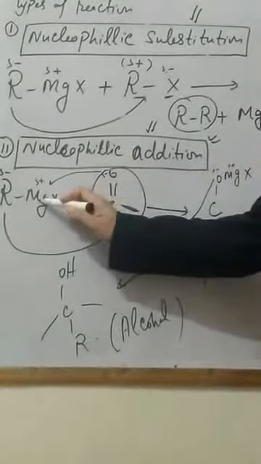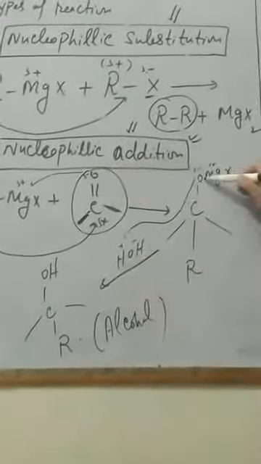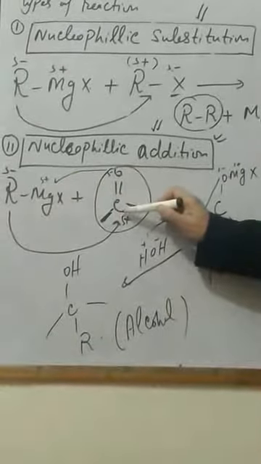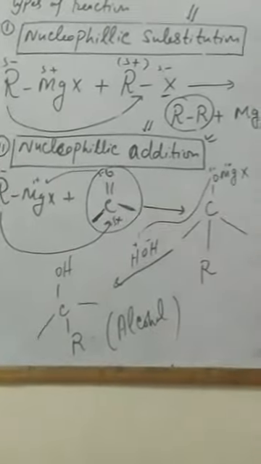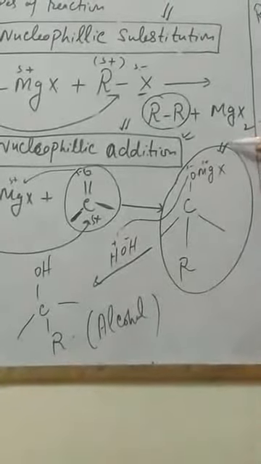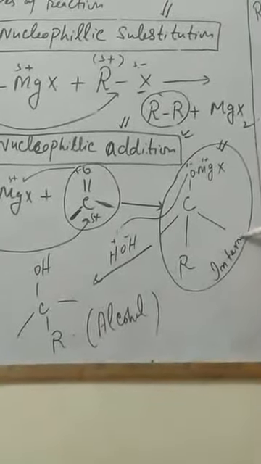This MgX will be attached with this oxygen, and this R will become attached with this carbon. We will get this type of structure. Remember this structure. It is an intermediate and unstable.